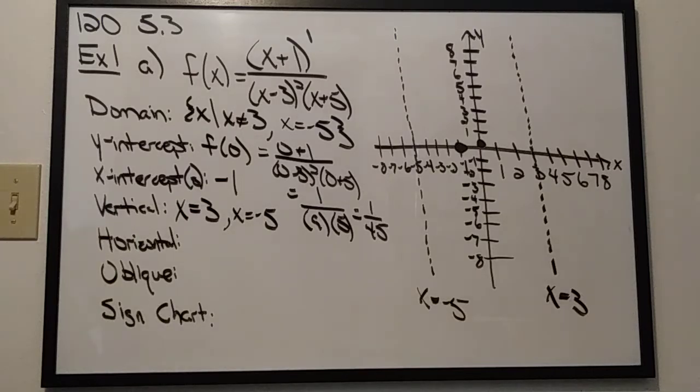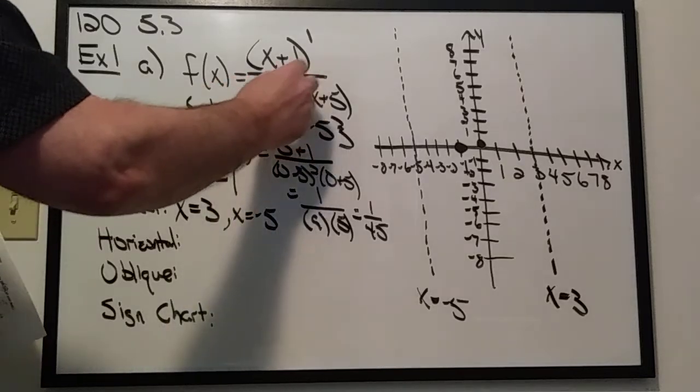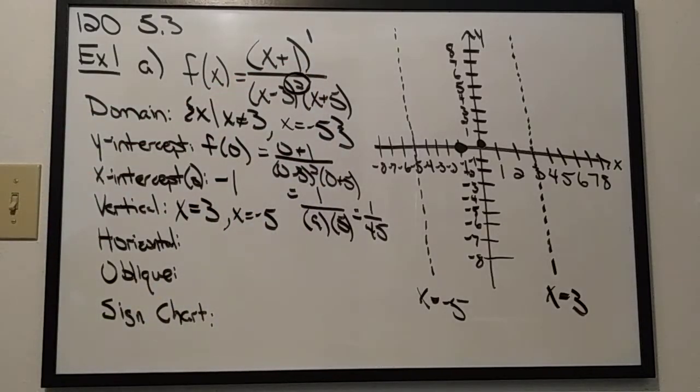So now that you've read that then, let's go back to this x minus 3. Notice x minus 3 is to the second power. So that means then that the 0 of 3 has an even multiplicity. Based on what you just read, if you have an even multiplicity for a 0 associated with a vertical asymptote, that means then that both sides are going to have the same behavior.